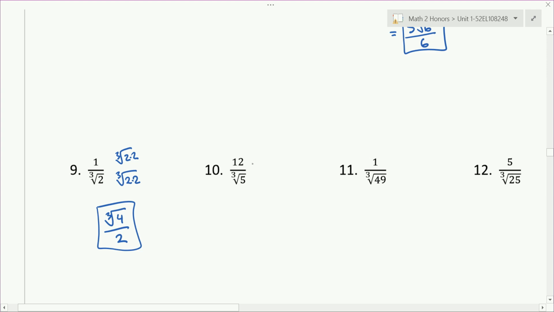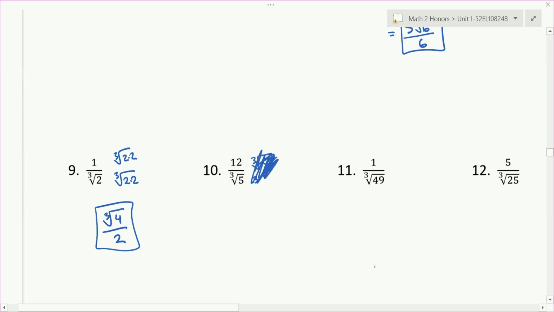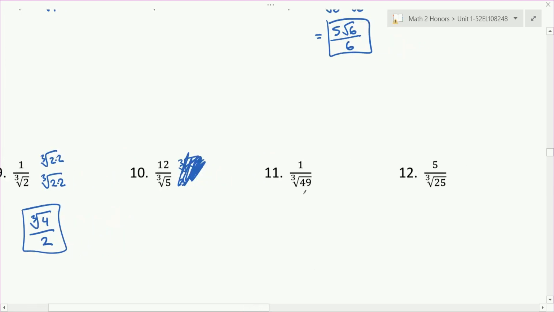Number 10, I'm going to multiply top and bottom by cube root of 5 times 5. Oops. Forgot, leaving 10 for your homework. 11, 49 is 7 times 7. So I'm going to multiply top and bottom by cube root of 7. And the answer is cube root of 7 over 7.